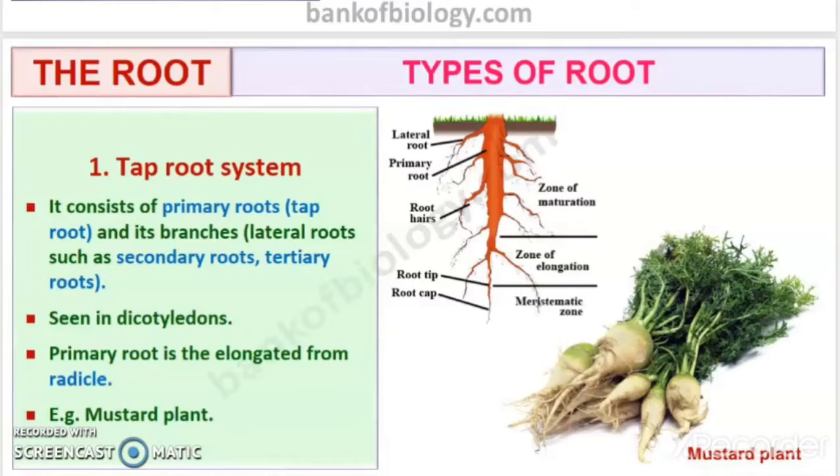This taproot system is seen in dicotyledons, which means that they will have two cotyledons. The primary root, the taproot, is developed by direct elongation from the radicle. An example of a taproot plant is the mustard plant.